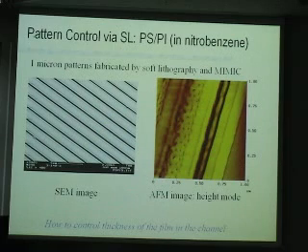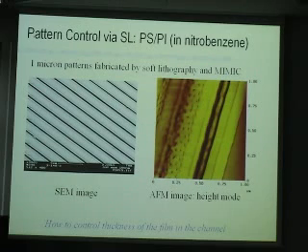This is kind of a preliminary data I just made. As you can see, we can easily create a regular pattern structure using MIMIC, micro-molding in capillary. If you look at this area with the AFM, the nanostructure of the block polymer is pretty much hexagonally packed and aligned in this direction. This is a preliminary result of using this method.